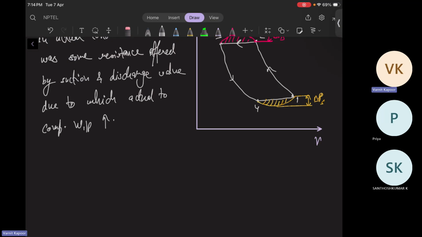How you can see again, T2 by T1 is equal to P2 by P1 power gamma minus 1 by gamma. Okay. So if your temperature increases, pressure increases, P2 increases, and your work input is again in terms of pressure ratio, so that also increases. Okay.